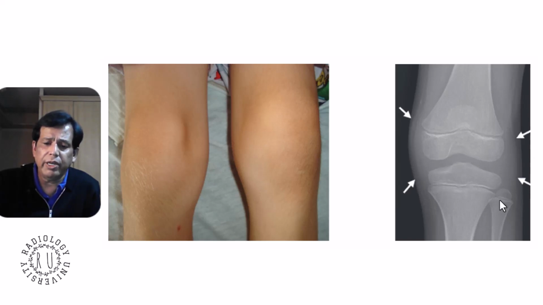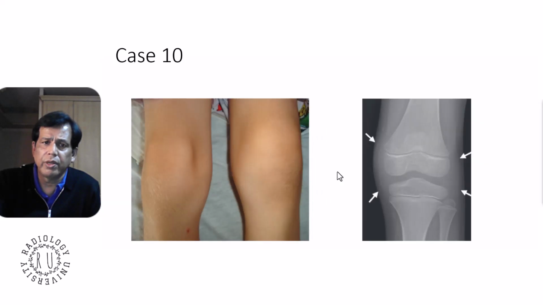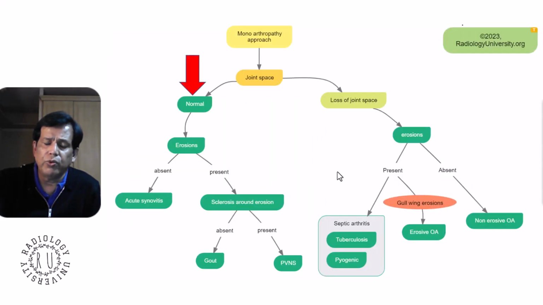And it's very much a clinical diagnosis. To be fair, this is radiological, but nowadays ultrasound is more useful. But if you get something like that with a swollen joint, think of acute synovitis. So normal joint space, but no erosions, as we saw in the flow chart: acute synovitis. So you can work out that this chart of monoarticular arthropathy is very important for you to approach it.